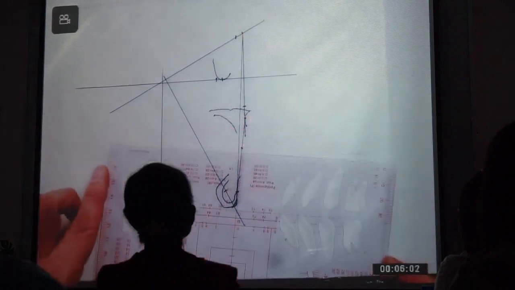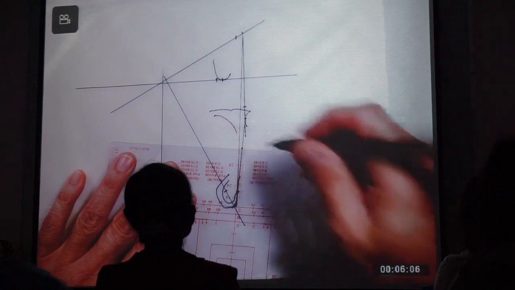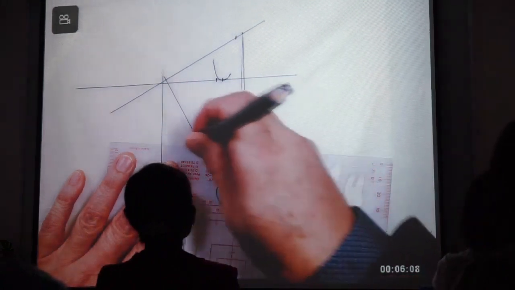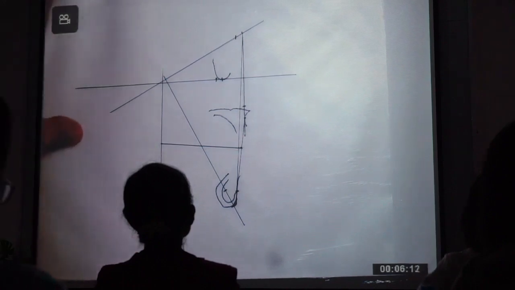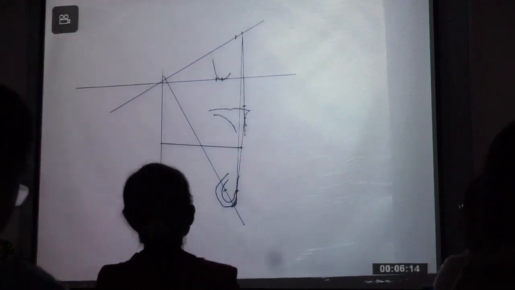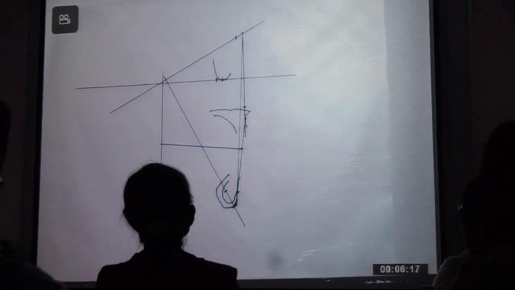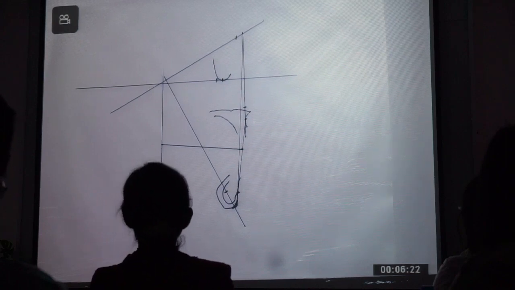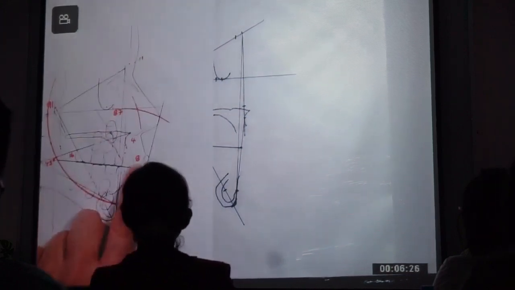Remember the rule of the 90 degrees? So now I can draw with the ruler the occlusal plane. Now I have to decide where I am going to finish. Remember, this tooth is 8 millimeters forward.